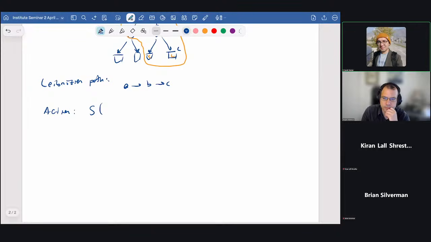I'm using the same letter S for the action. And this is defined as minus the variety of A minus the variety of B.